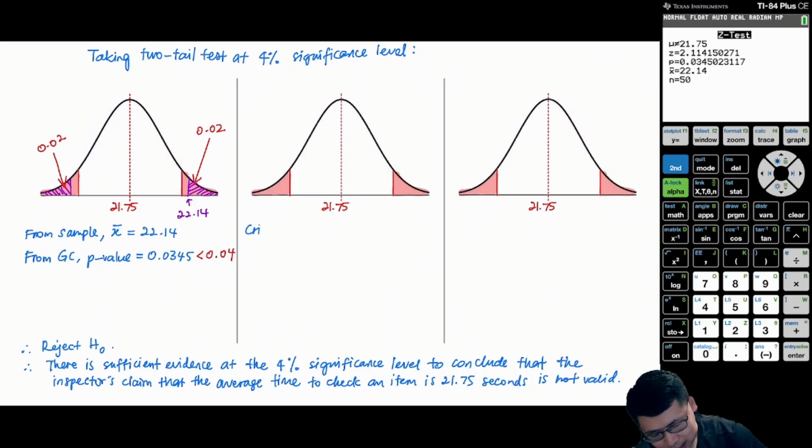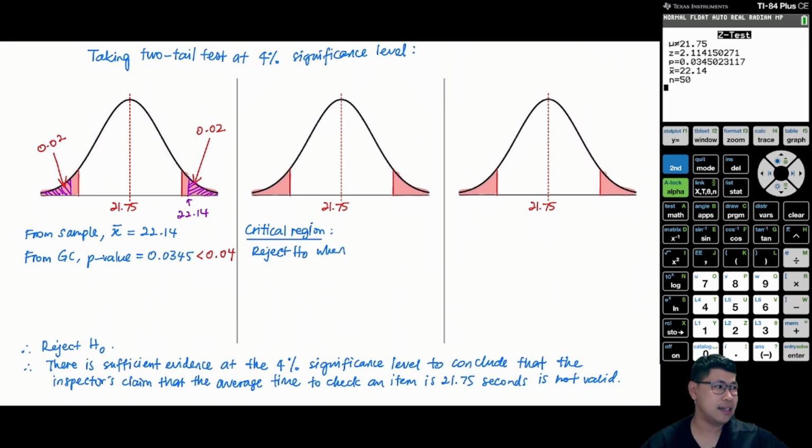So I will need to establish my critical region first, to make things clearer. The critical region is where we will need to reject our null hypothesis, when the z-score is outside of this.